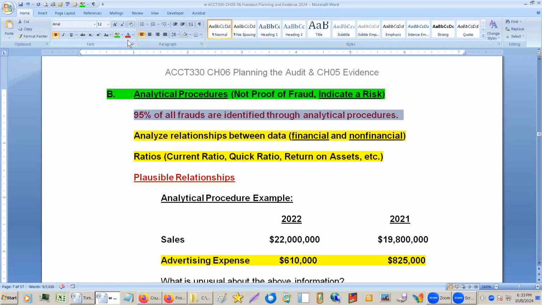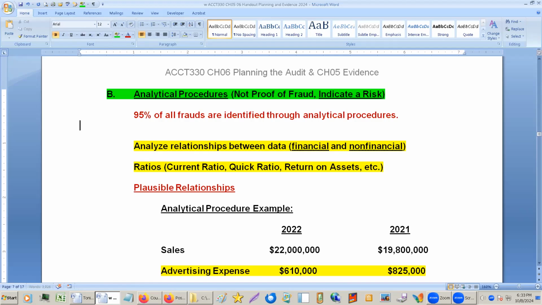They're absolutely huge. Because of that, the AICPA requires analytical procedures for all audits.